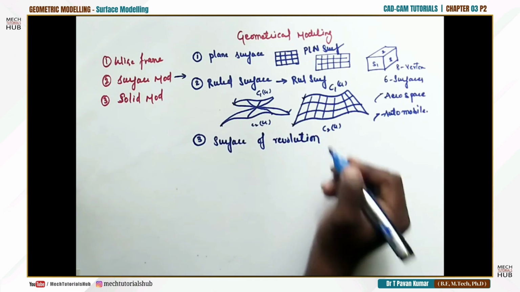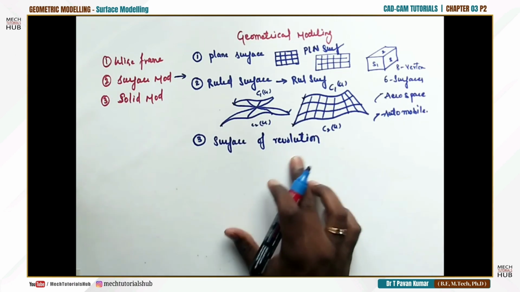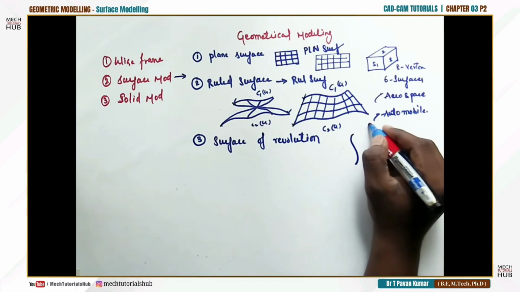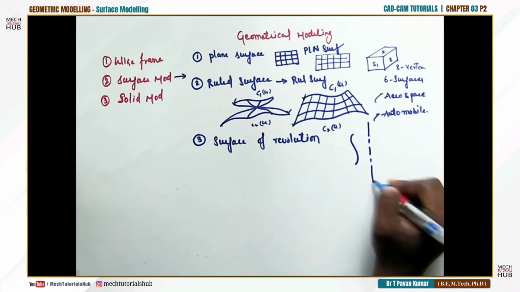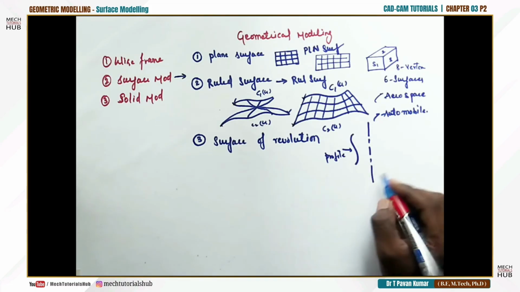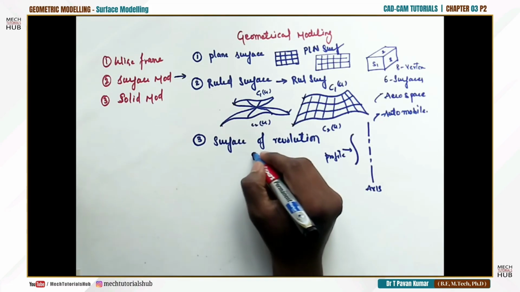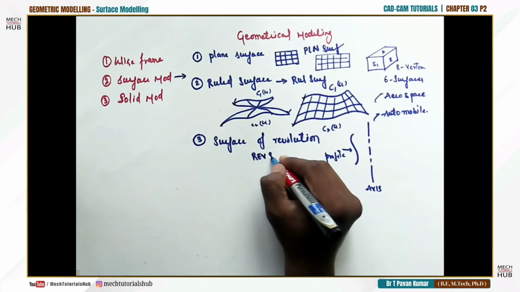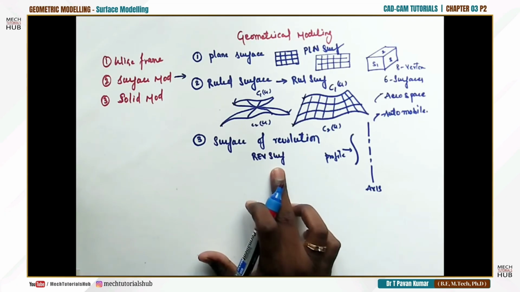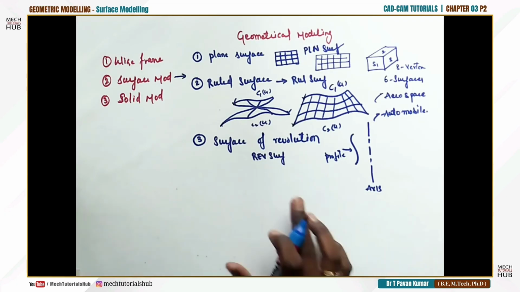To make a surface of revolution, you need an open profile followed by a reference line or an axis line. We consider this as the profile, followed by an axis. If I type REVSURF in the AutoCAD command prompt, I get a revolution surface.